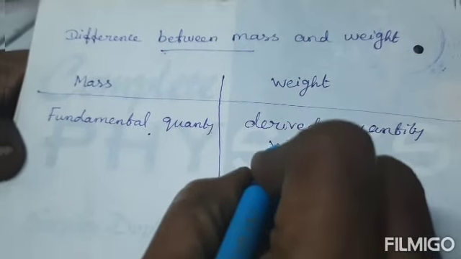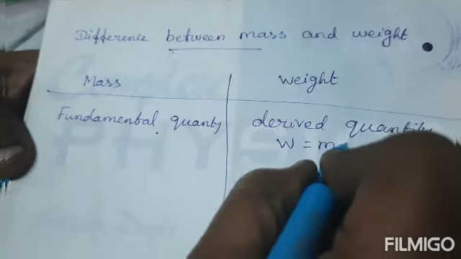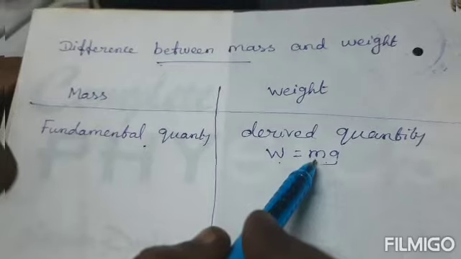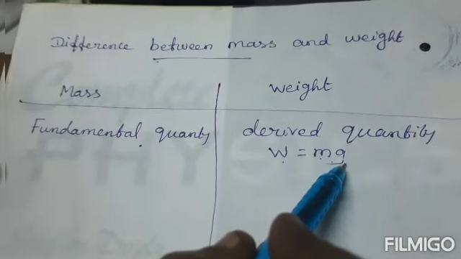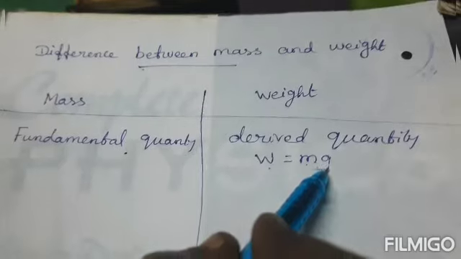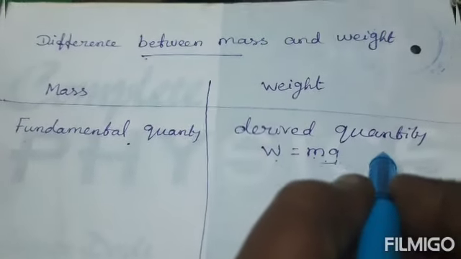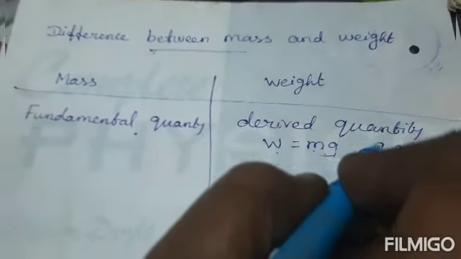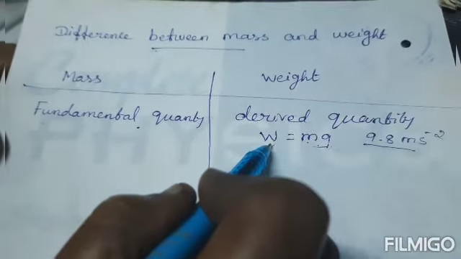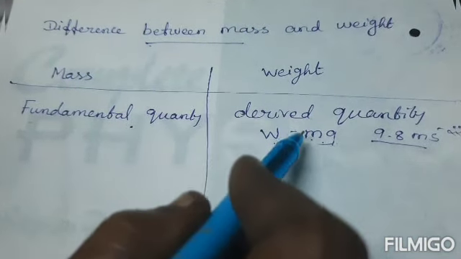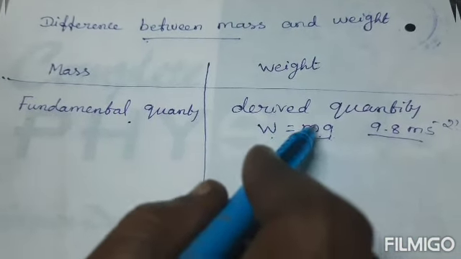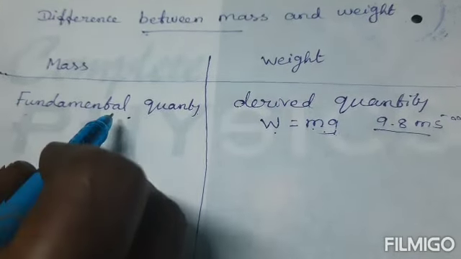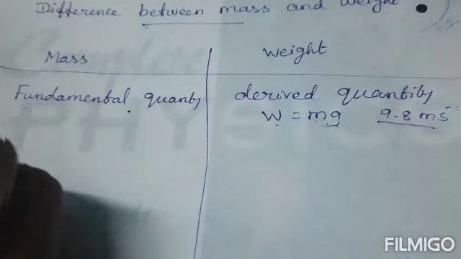What is the formula for weight? W equals mg. By using the given mass and the acceleration due to gravity, whose value on earth is 9.8 meter second power minus 2, we can find the weight. So weight is a derived quantity; we can derive it by using the formula. The first point: mass is a fundamental quantity and weight is a derived quantity.